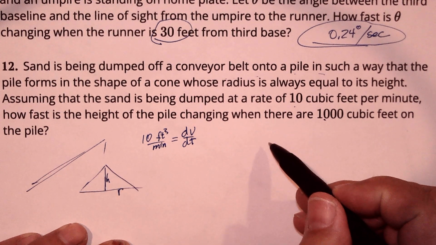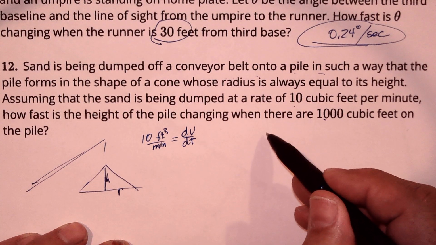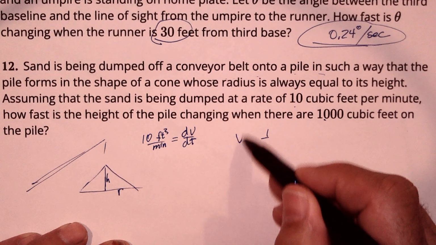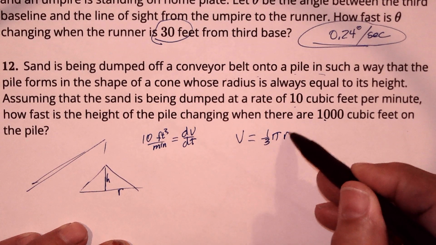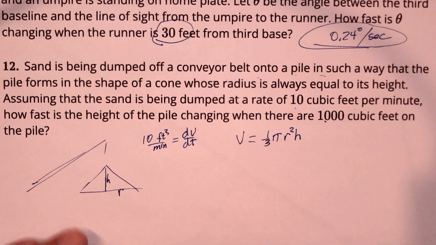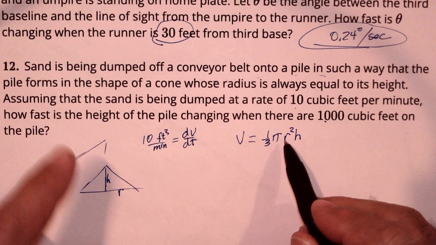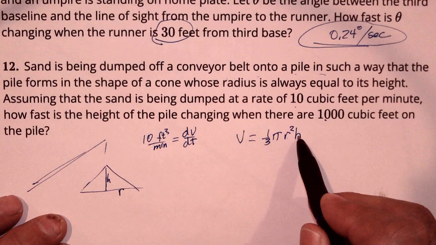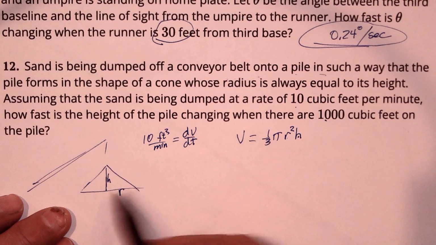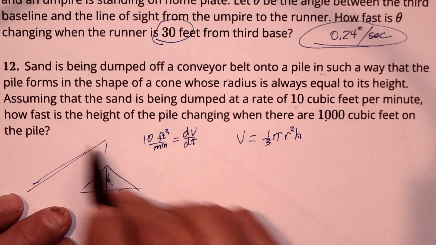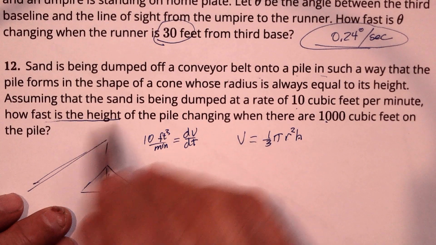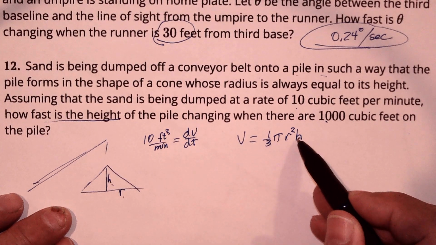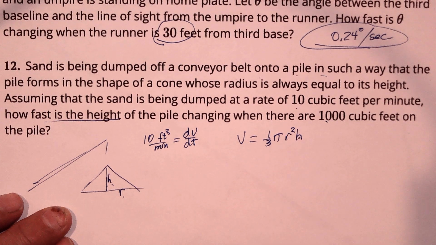So we're going to go for the volume of the cone, which is 1/3 pi r squared times the height. And the radius and the height are the same. It says, how fast is the height changing? So we want to keep h. So we're going to put h's in for the r's.